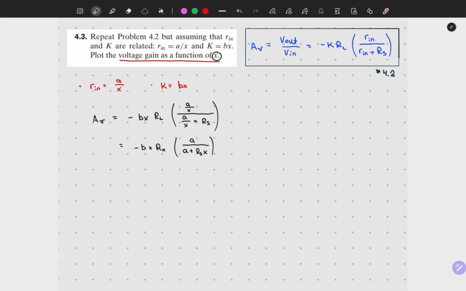And then if we also divide by A, to make things a little more clear, we could rewrite this as negative B RL times X. If we move the X to the right side and then divide both sides by A, that gives us 1 plus RS over AX. Cool. So that's our function that we will be plotting.